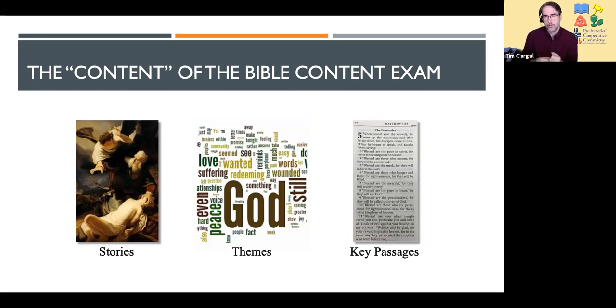Related to themes are key passages, both because key passages establish themes in the same way that the passage about comforting God's people in Isaiah establishes a theme of that book. But they could also be key passages because they're key to other things. For example, scholars can debate how key it is that in Hosea, it talks about when Israel was a child, I loved him, and out of Egypt have I called my son.